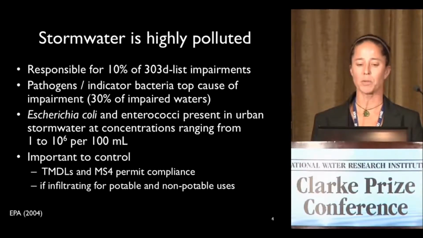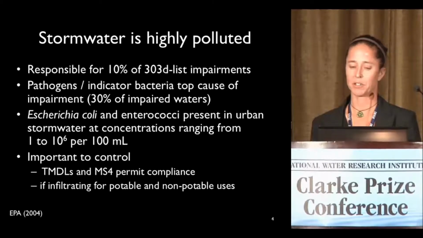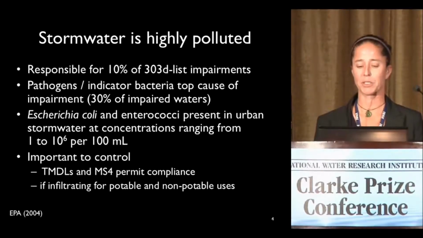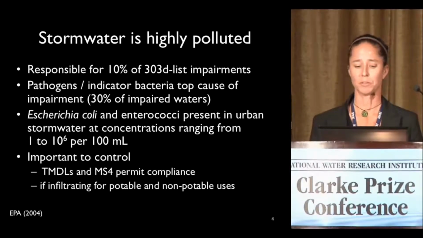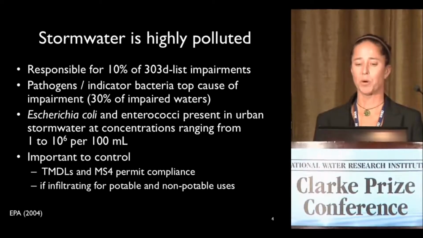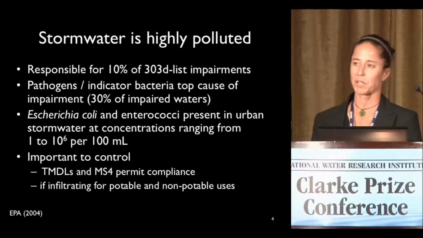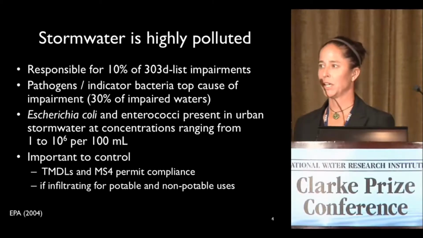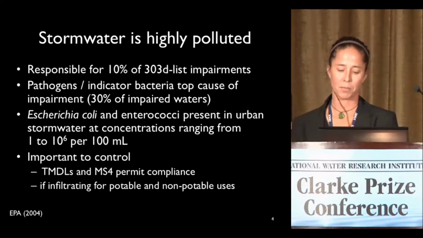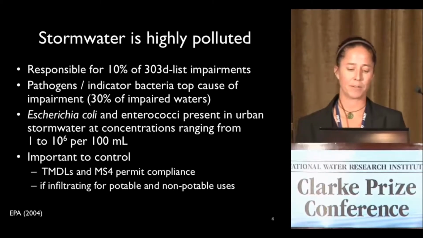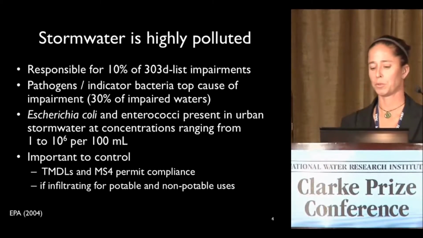In urban stormwater, we can find E. coli and enterococci, the two regulated fecal indicator bacteria, at concentrations between 1 and 1 million per 100 milliliters, where the highest value is similar to what you would see in raw sewage. So it's important to control stormwater contaminants for reasons related to surface water quality, like TMDLs, as well as MS4 permit compliance, but also for considering infiltrating this into the ground for potable and non-potable uses.